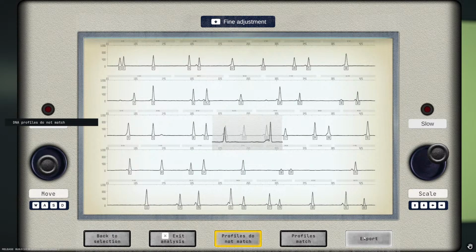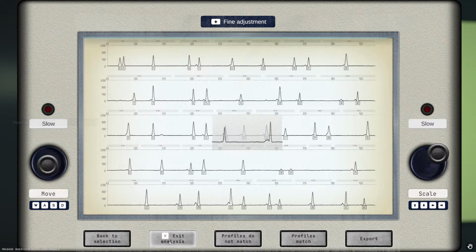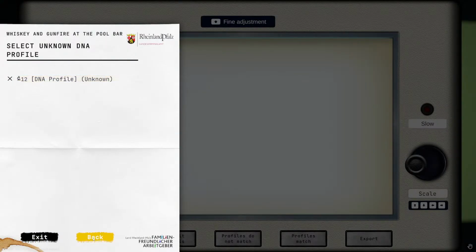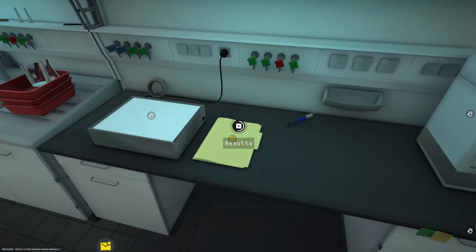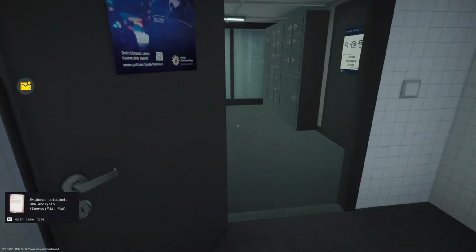Does not match. Export, let's get out of here. Let's grab those, we'll email those over.